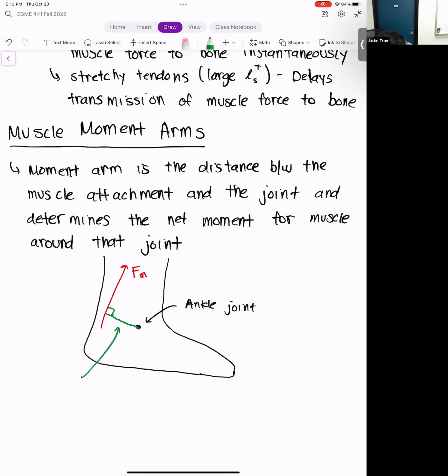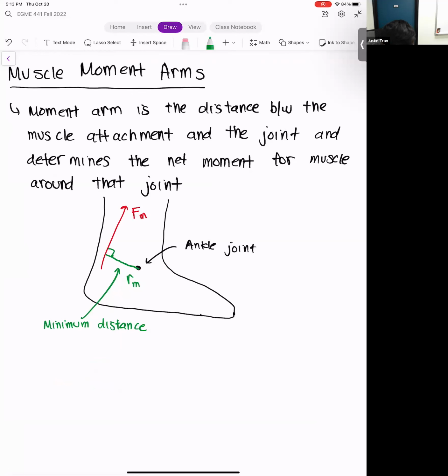So this green line right here, this is the minimum distance. So we'll call that RM. And so if we were to compute the moment, we take the product of FM and RM. And that's how we did it for all the static portions.